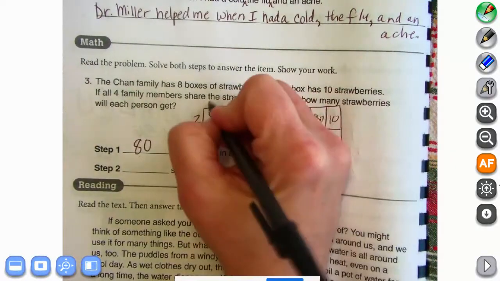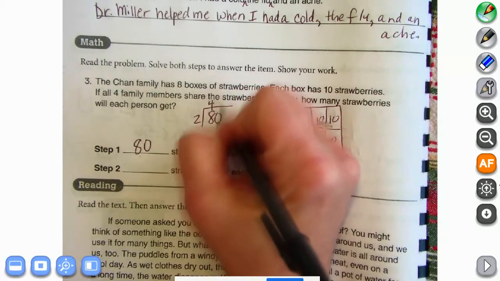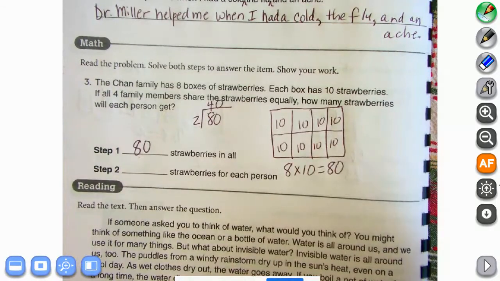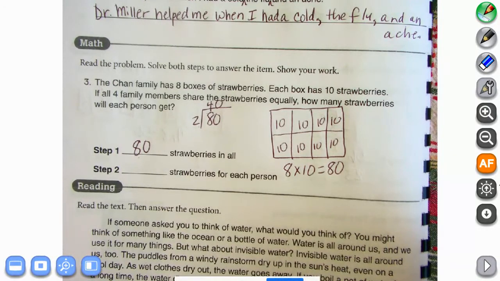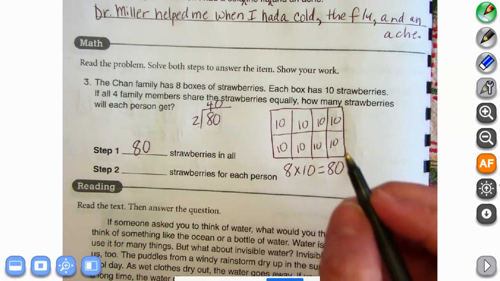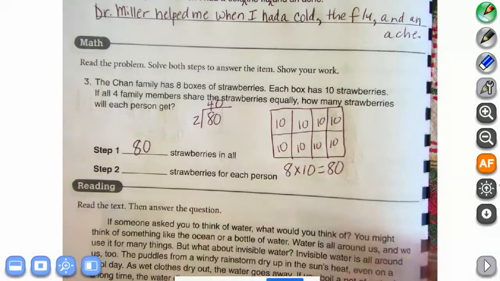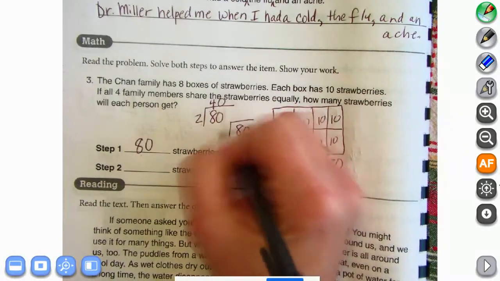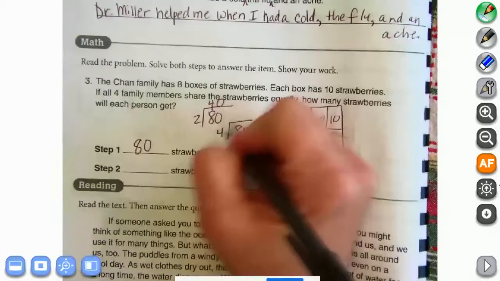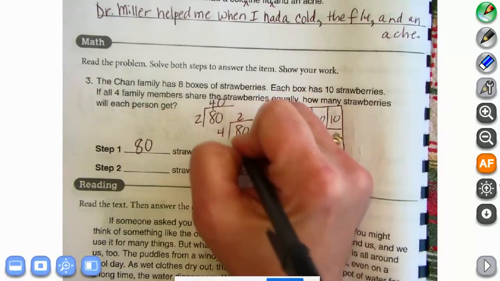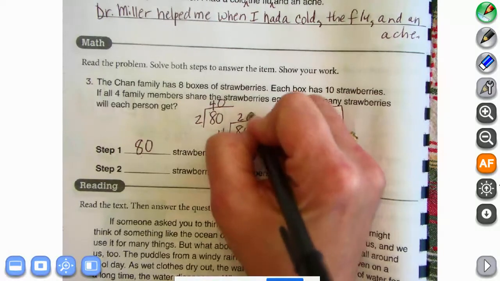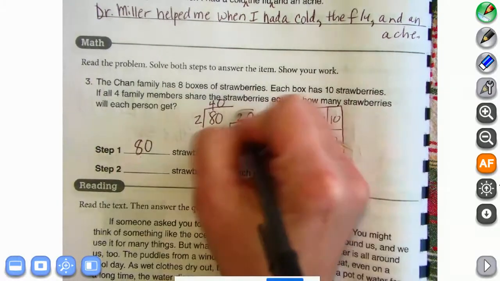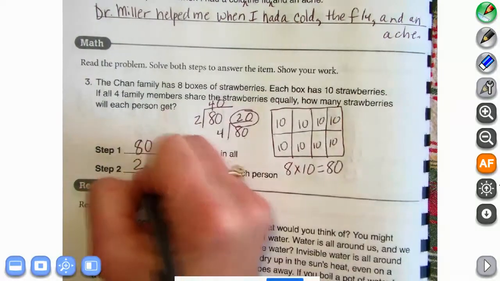And 2 goes in there 4 times. You get 40. So that's for 2 people. Okay. If I do 4 people, then I can do 80 divided by 4. And that will mean 2 times 4 is 8. And then 0 times 4 is 0. So how much will each person get? Each person will get 20.